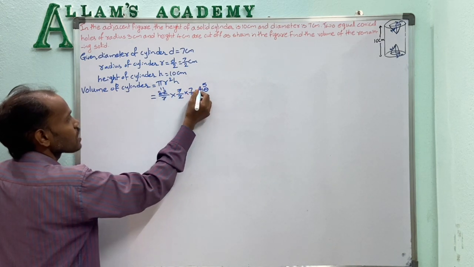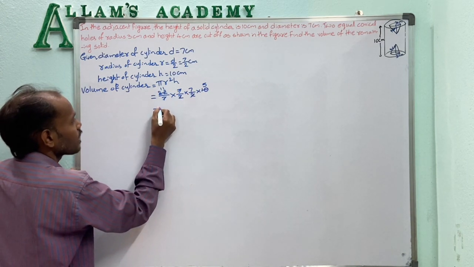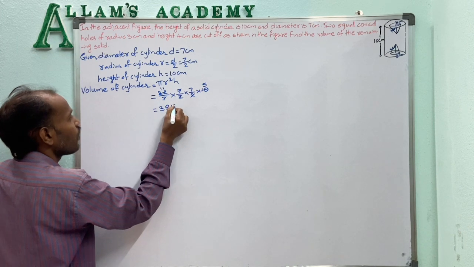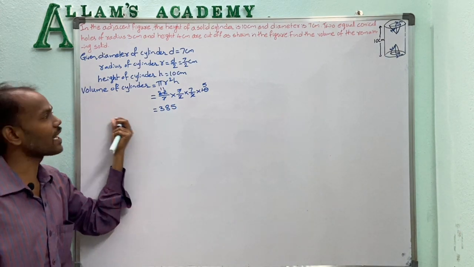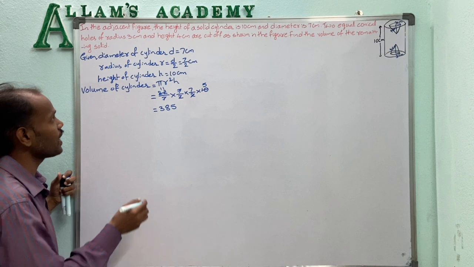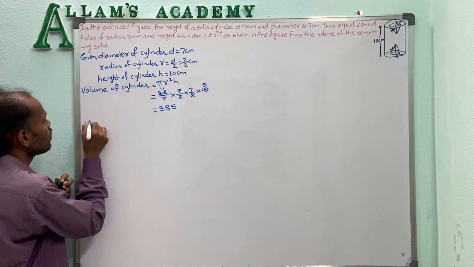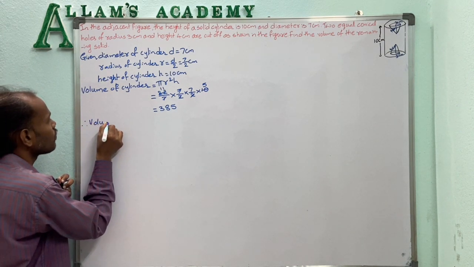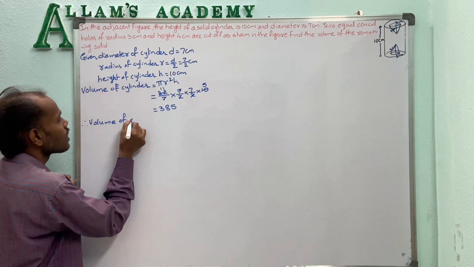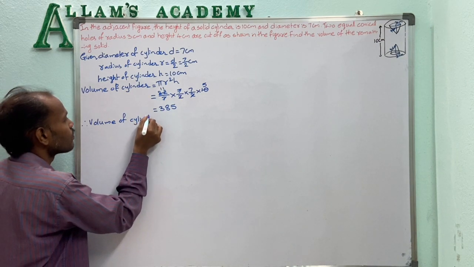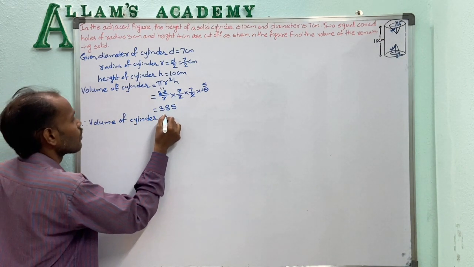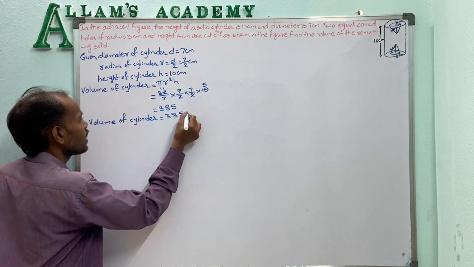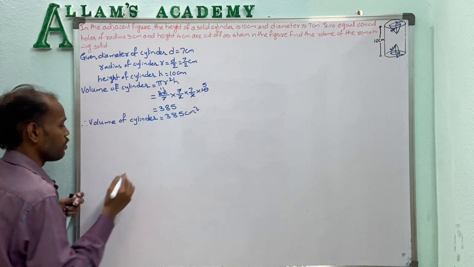So 11 into 7 into 5, that is nothing but 385. So volume of cylinder is 385 centimeter cube.